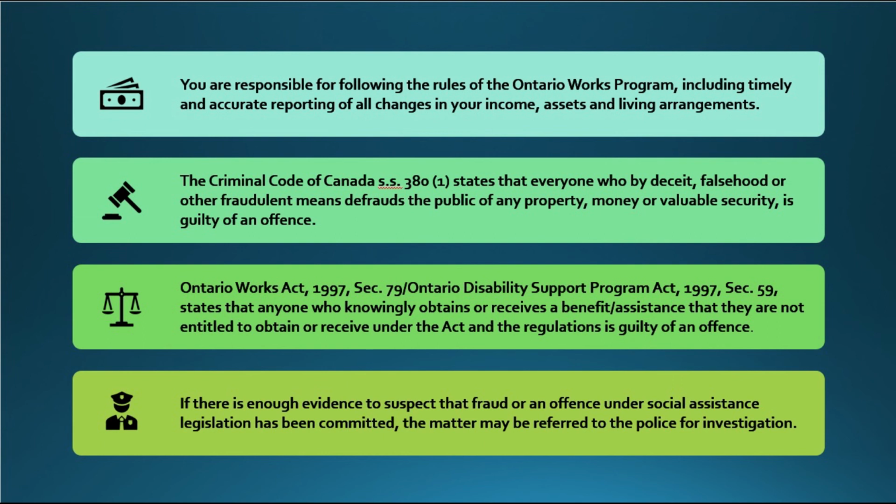Ontario Works Act 1997, Section 79, and Ontario Disability Support Program Act 1997, Section 59, state that anyone who knowingly obtains or receives a benefit or assistance that they are not entitled to obtain or receive under the Act and the regulations is guilty of an offence. If there is enough evidence to suspect that fraud or an offence under social assistance legislation has been committed, the matter may be referred to the police for investigation.